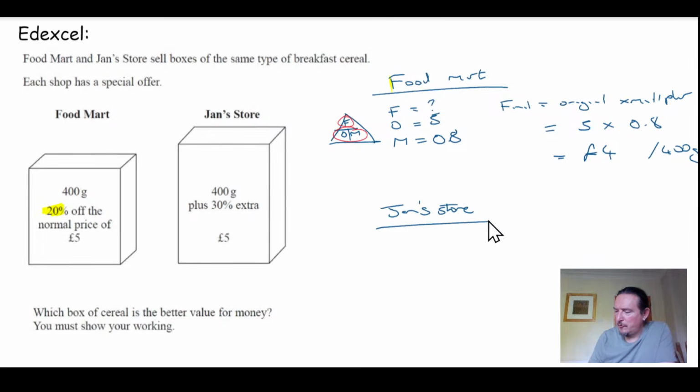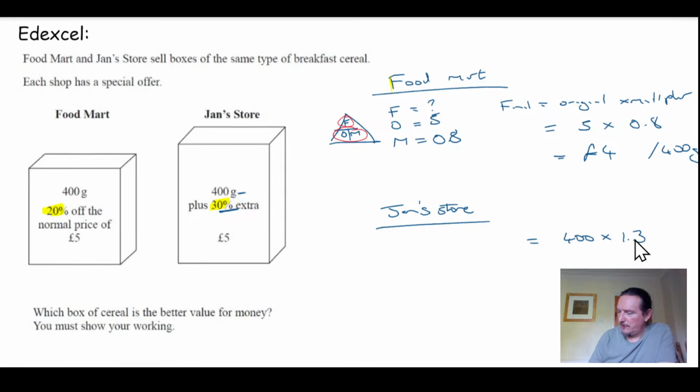And then for Jan Store, what we've got here, 400 grams plus 30% extra for £5. So they're going to get 30% extra on the 400 grams. So how much is that then? So final again is original times multiplier. So my original is going to be the 400 grams. And my multiplier here, if I'm going to add on 30%, 100% plus 30% is 130%, or 1.3 as a multiplier.